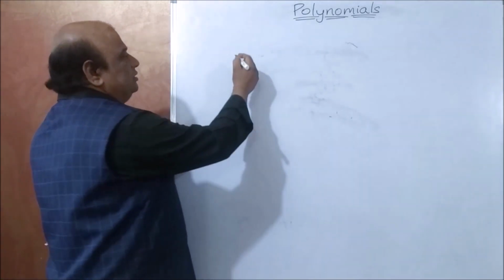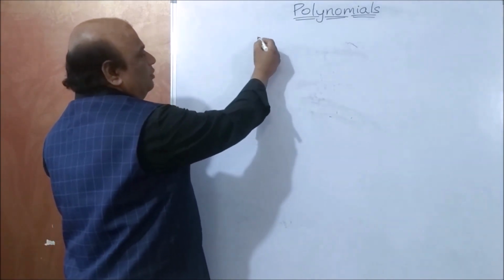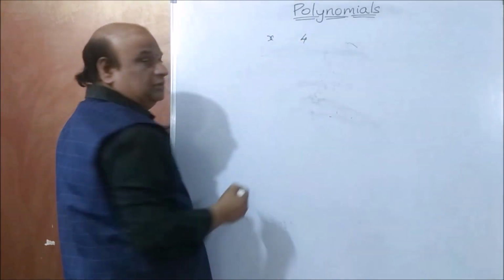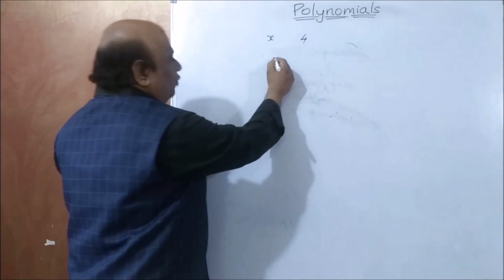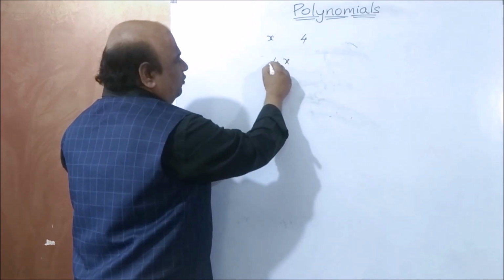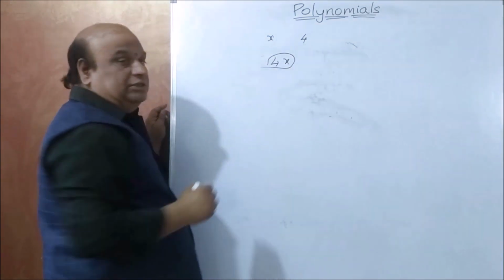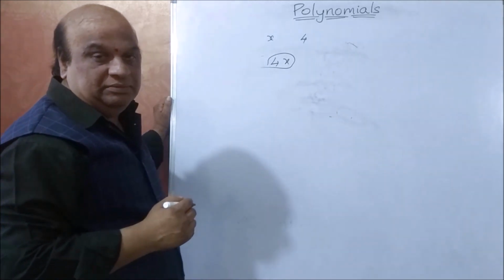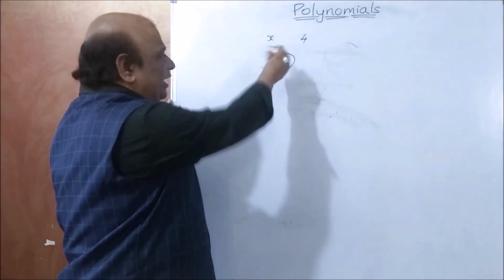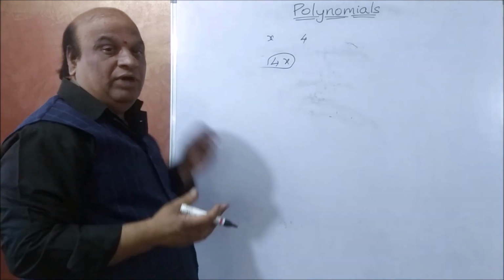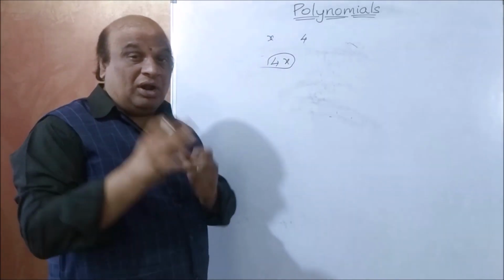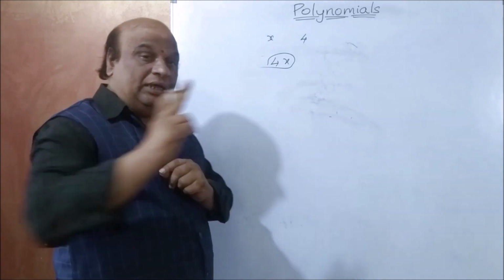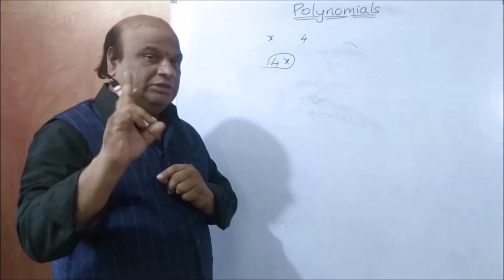Algebraic term is, here suppose variable x and constant 4. 4x is called an algebraic term. What I did here is multiply the constant and the variable. The product of constant and variable is called an algebraic term.